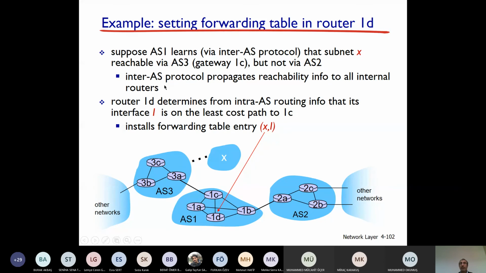So the inter-AS protocol propagates reachability information to all internal routers. And router 1D in AS1, as you see, determines from the intra-AS routing information that its interface 1 is on the least cost path to 1C. So the least cost path to reach X is through 1C, and it's going to install a forwarding table entry (X, 1).